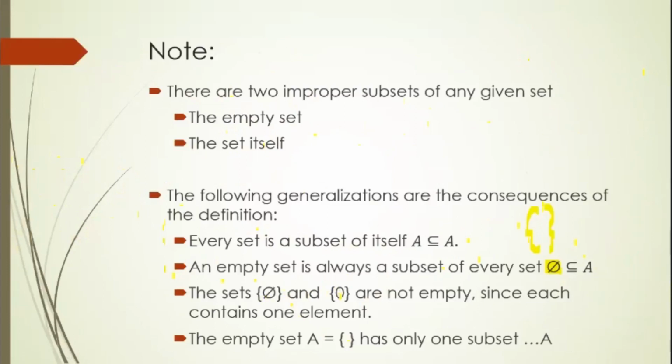Why? Because they contain one element inside the curly brackets. So once there is something here, it is no longer empty. The empty set has only one subset, which is itself. Okay, just like this one. The empty set is always a subset of every set.